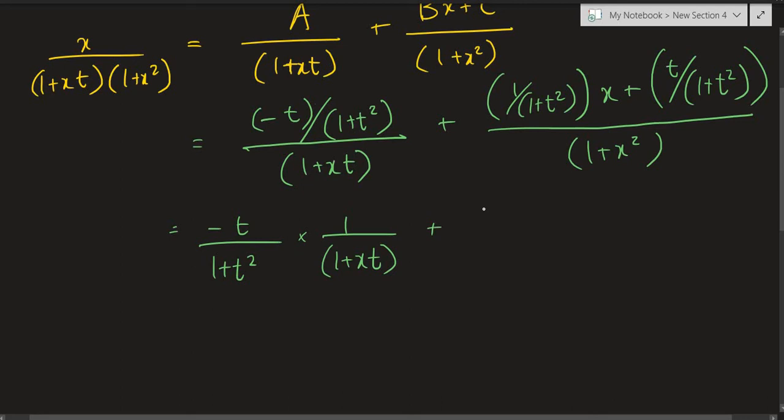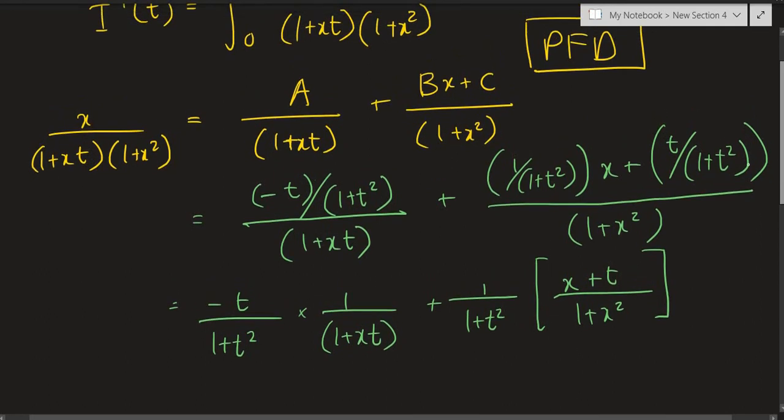So we have 1 over 1 plus t squared factorized out, times (x plus t) divided by 1 plus x squared. Fair enough. So that's our partial fraction decomposition.